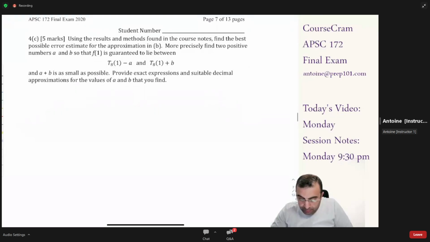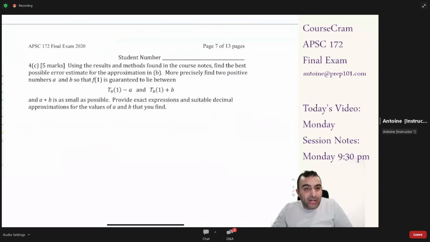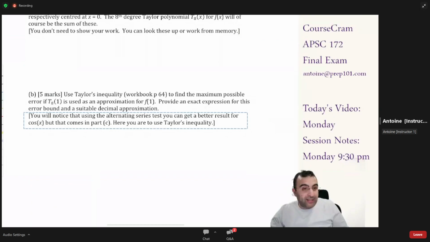So basically, they're saying, can you find a better approximation for this? Using the results, we want to find two positive numbers, A and B, such that f of 1 lies between T8 minus A and T8 plus B. They gave you this in here, that you need to use the alternating series to get a better result of your approximation.